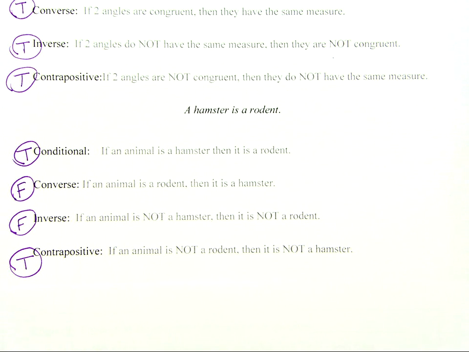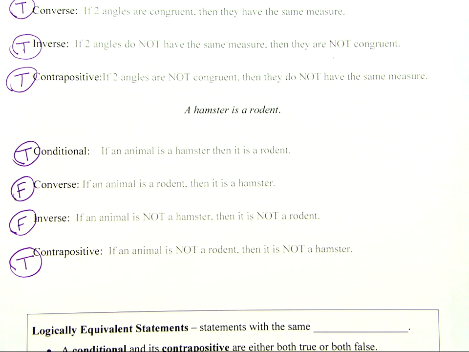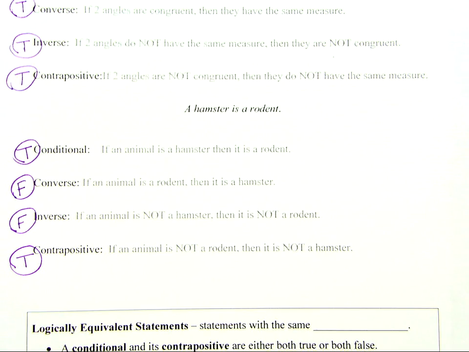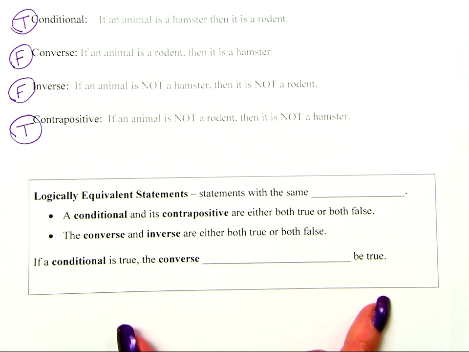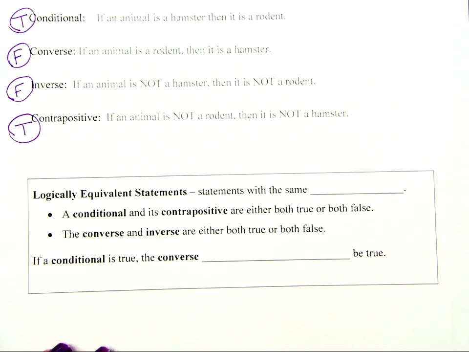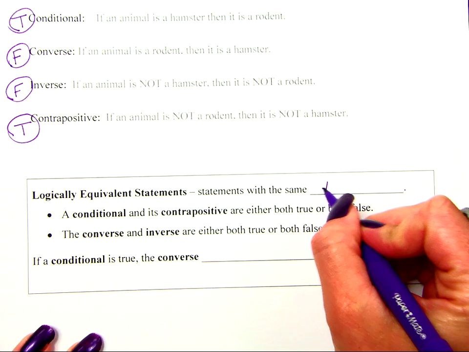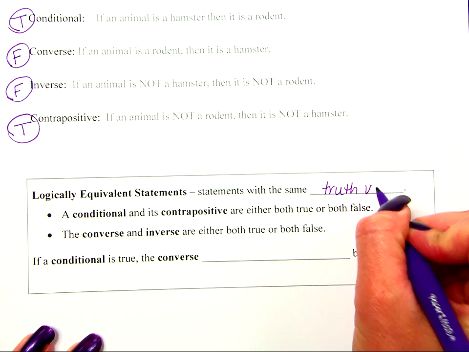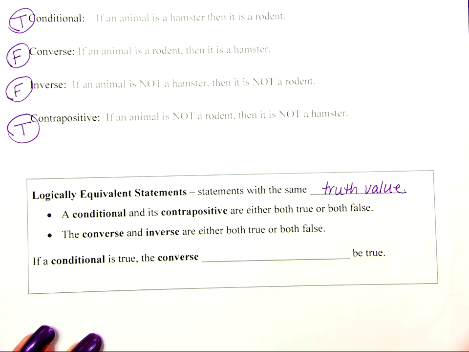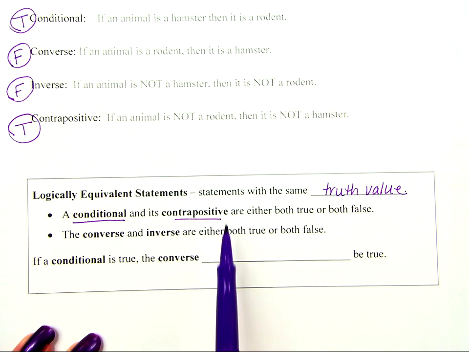In our book, they're going to refer to statements as being logically equivalent. Logically equivalent are statements that have the same truth value. And as it happens, the conditional and the contrapositive are logically equivalent. They will either both be true or both be false. They will have the same truth value.